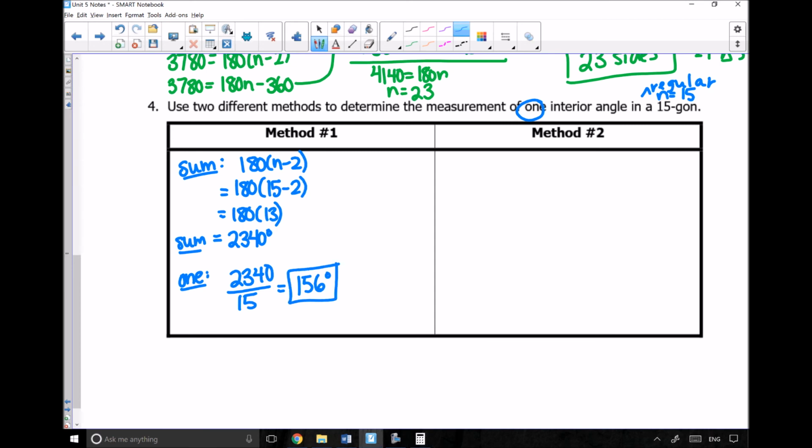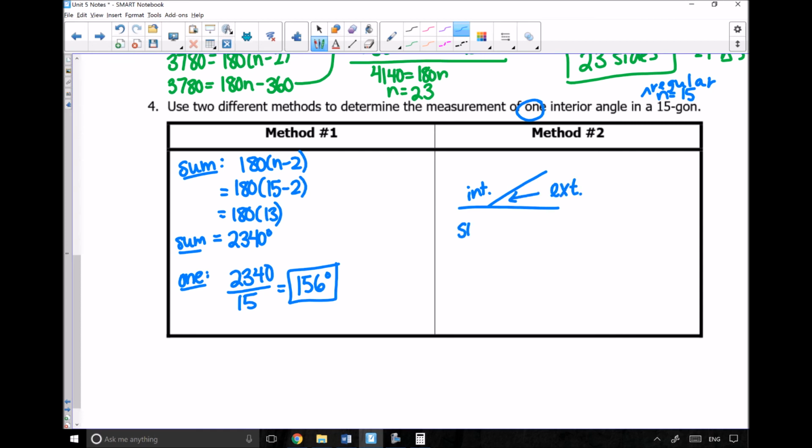Okay, now another method that I can use is, remember when we have a polygon, this right here, if this was my interior angle, actually let's not do it that way. Let's do it like this. This right here, if this was my interior angle of my polygon, then this would have to be my exterior angle.